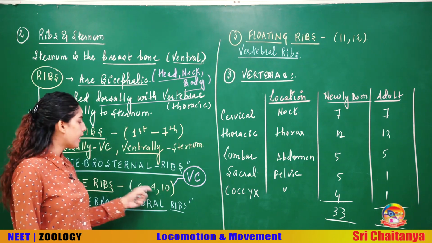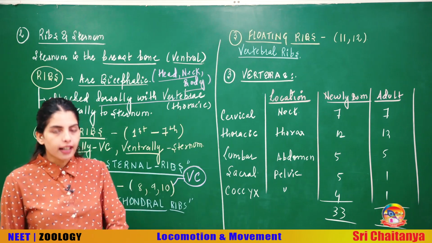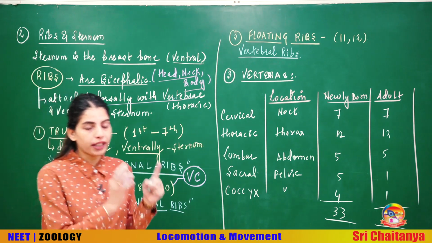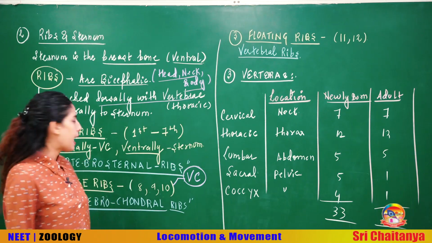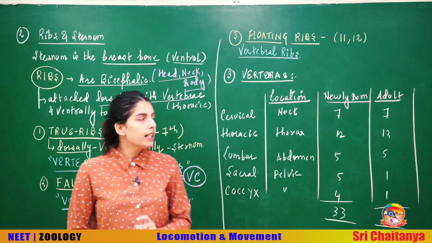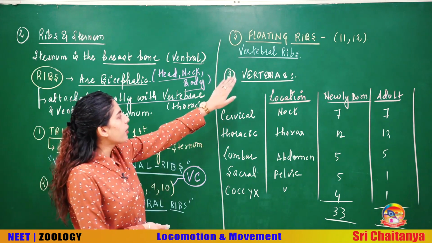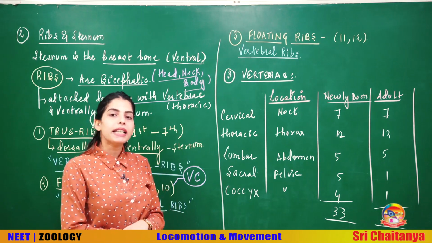Since the 8th, 9th and 10th do not directly attach with the sternum, but first attach with the cartilage of the 7th rib, they are called vertebrochondral ribs.